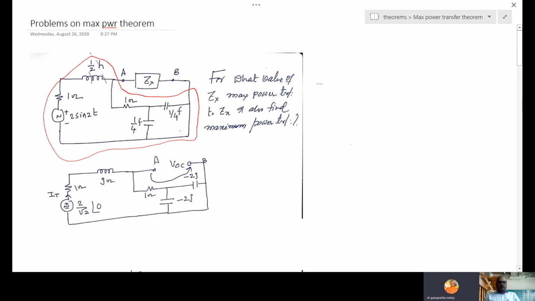As I told earlier, the maximum power conditions are applied on the Thevenin equivalent. So whatever network is in this box, we have to replace first with the Thevenin equivalent. So we have to start by finding VOC, the open circuit voltage across ZX.